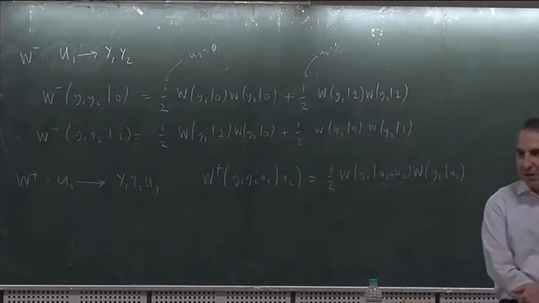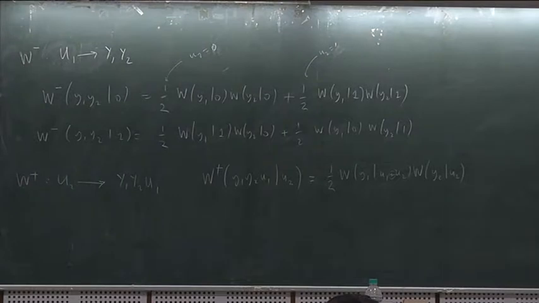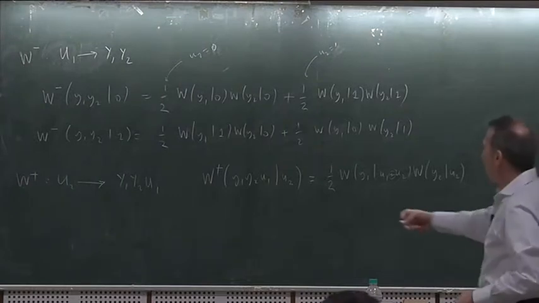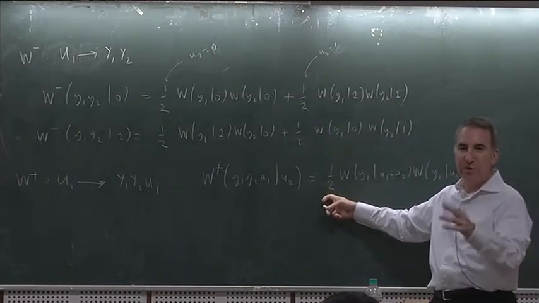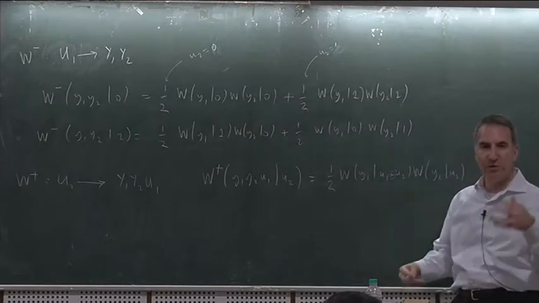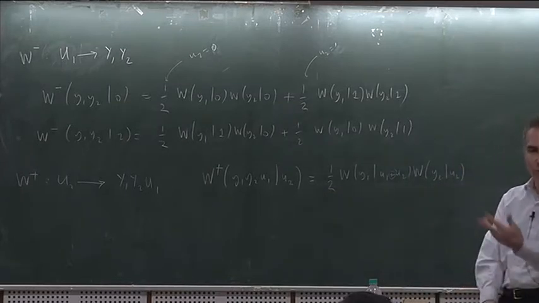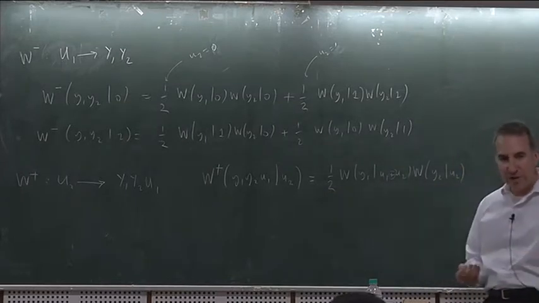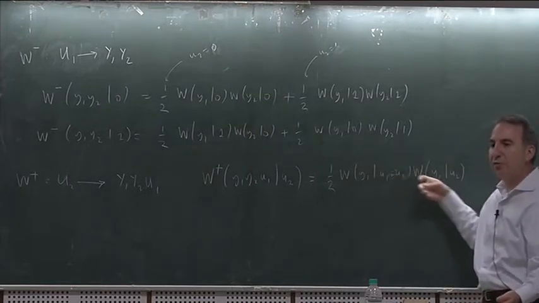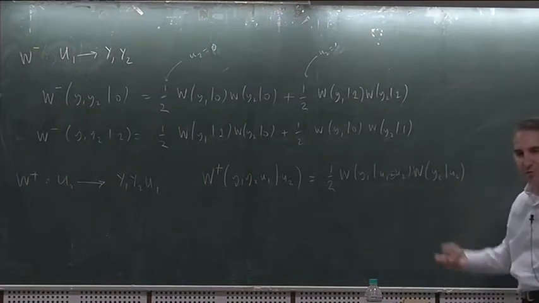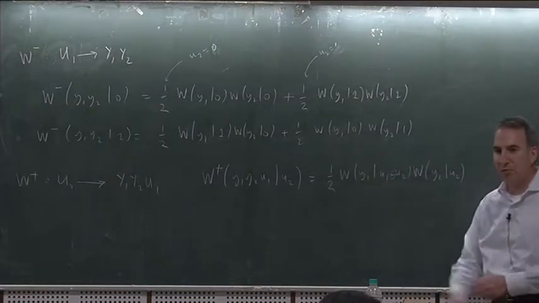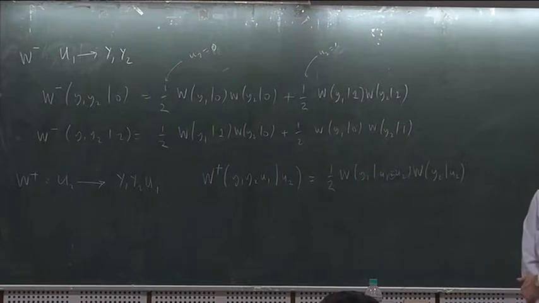Okay, so this is the transition probability of the W plus channel. This half is coming from the probability of u1 being a particular value. No matter 0 or 1, it has probability half because it is obtained by a fair coin flip independently of u2 itself. But once that u1 is obtained, y1 and y2 are determined in this particular way. In fact, y2 depends only on u2, but y1 depends on u2 and u1 that you chose in this particular way. Okay?